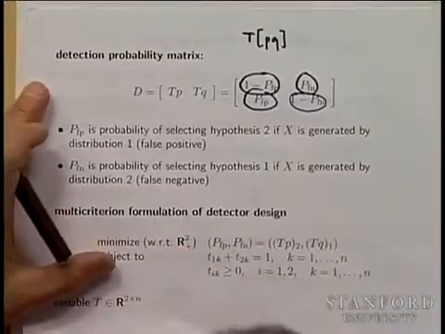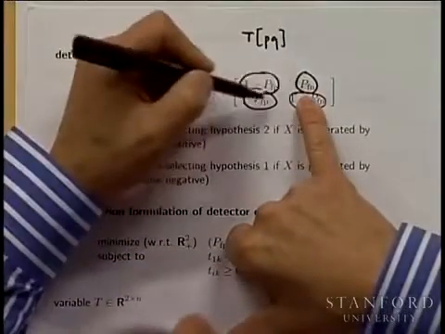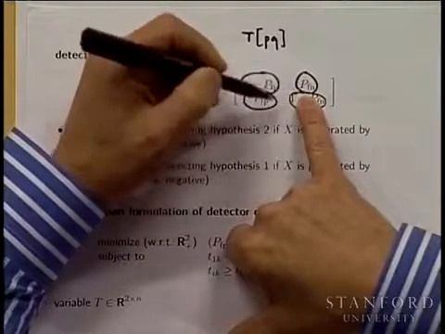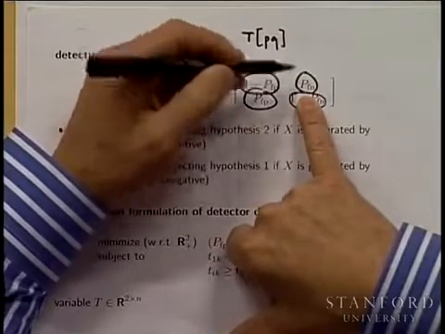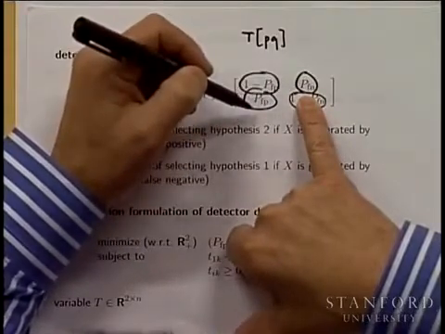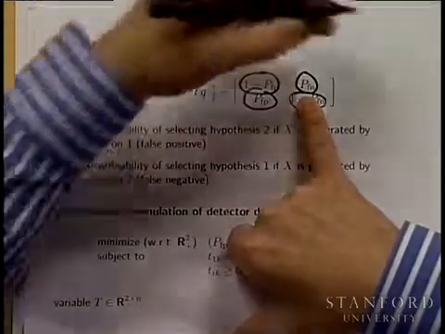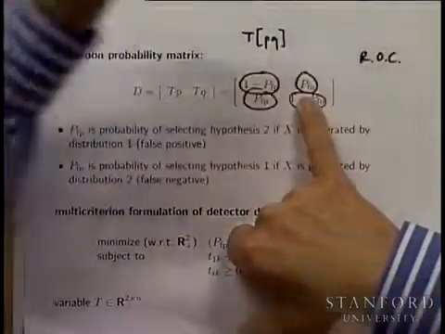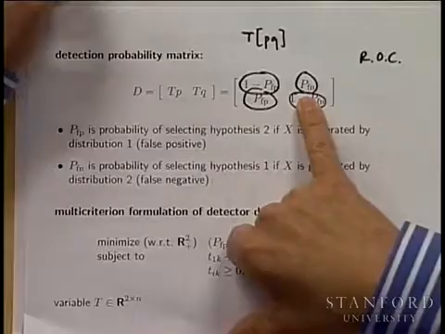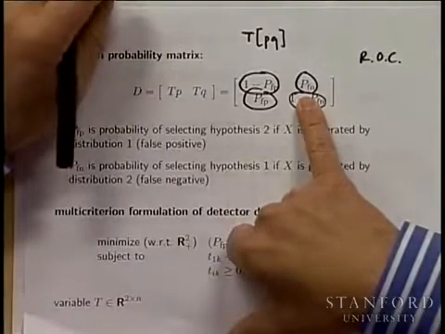I know what it's called in signal processing. It's called the ROC, the receiver operating characteristic, which goes back to World War II or something like that. What's it called in statistics? Maybe it came from you guys. Who knows? Doesn't sound like it to me, but anyway.